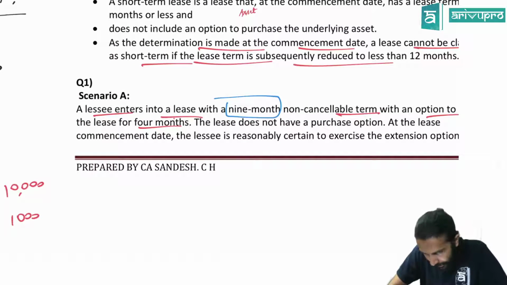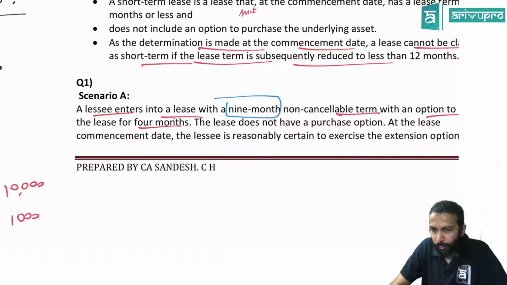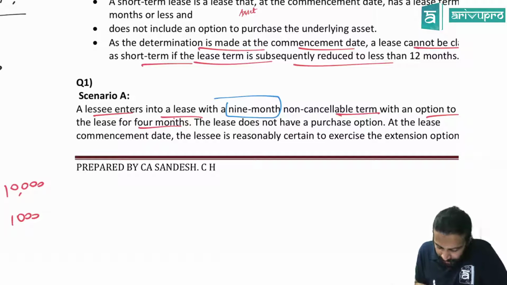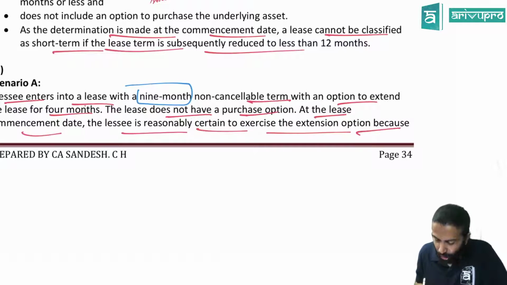Lease term is 9 that they mentioned, but he has an extension option by 4. So it makes it 9 plus 4, 13. Lessee does not have an option to purchase the asset, meaning he does not have a purchase option. At the lease commencement date, the lessee is reasonably certain to exercise the extension option. Underline the words exercise the extension option. He's reasonably certain that he's going to exercise it.